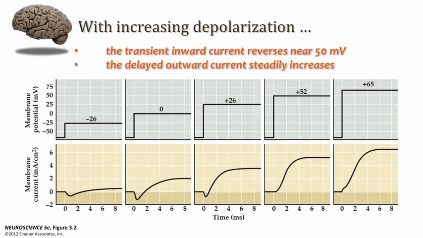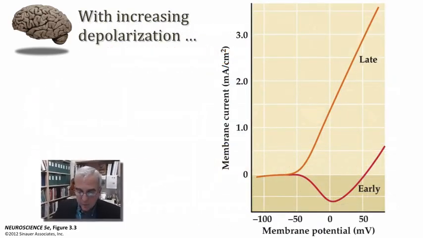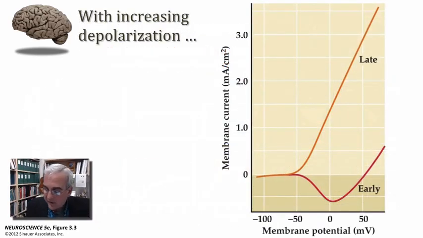Now we can measure these currents at particular points in time and plot their magnitude as a function of membrane potential. And when we do that, we have data that look something like this, which capture again what we've just described. And that is that with depolarization, the transient inward current grows, but we eventually hit a point of reversal.